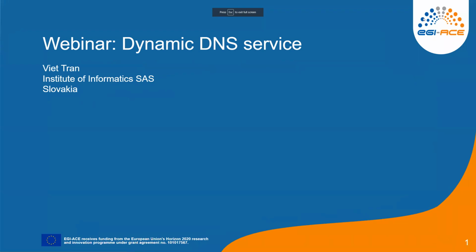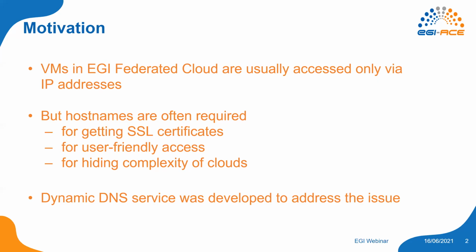So today I will present how to use the Dynamic DNS service in EGI Cloud. The motivation for using the service is that VMs in EGI Cloud are usually accessed only via IP addresses.